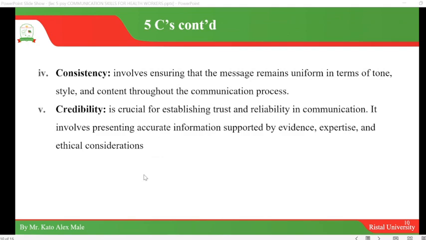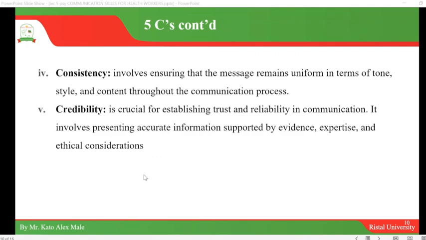Usually in the medical field, you need to build trust between you and your patient. But remember, your patient cannot just trust what you're saying. You get it? Unless you indicate that what you're saying is actually correct, and it should also be accurate.